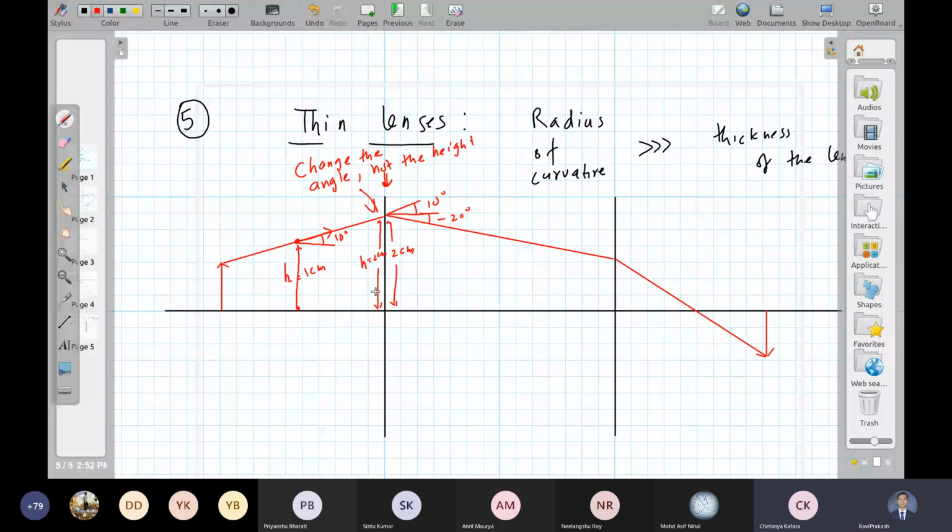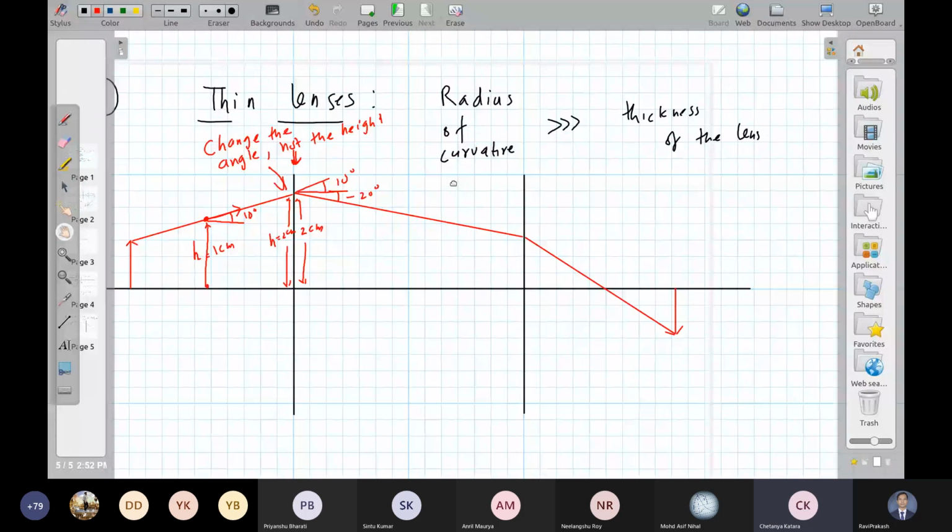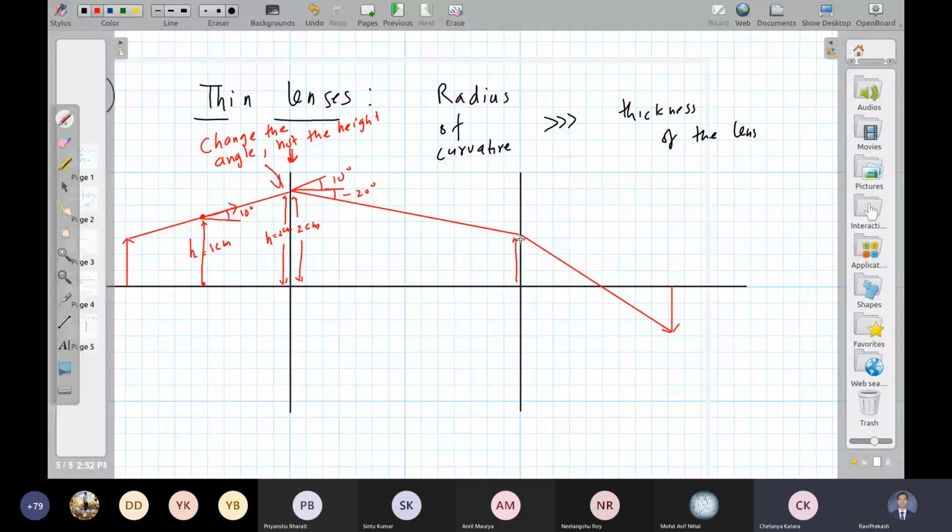Same thing is here. वही यहां पर भी हो रहा है. Light hits the lens at some height, let us say 0.7 centimeter. What was the angle of attack? किस एंगल से लाइट एंटर की है? -20 डिग्री. और किस एंगल से बाहर निकली है लाइट?